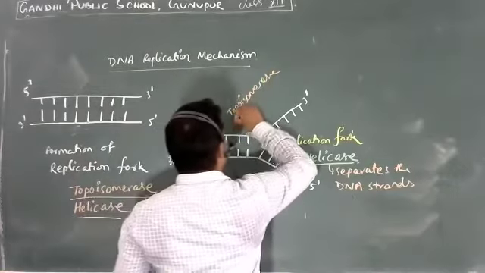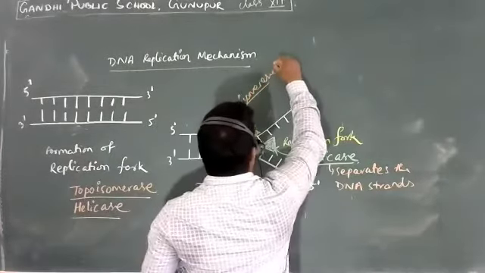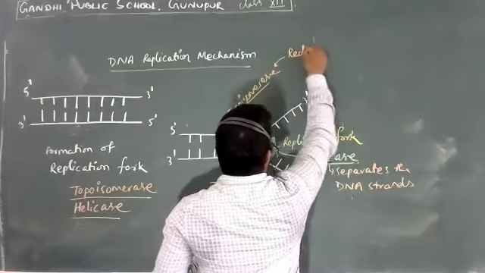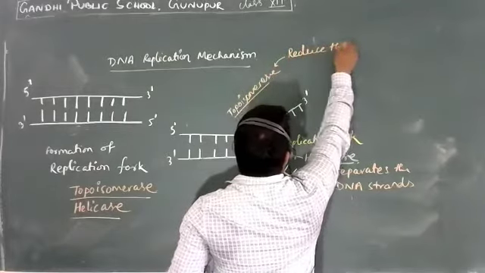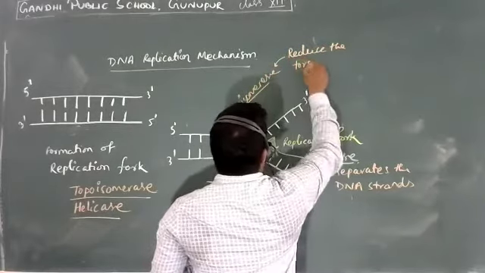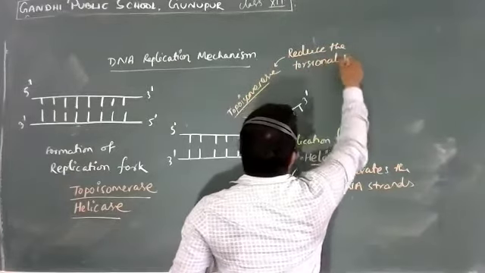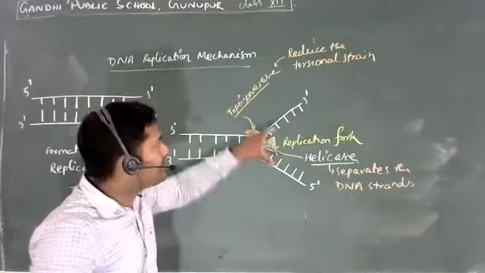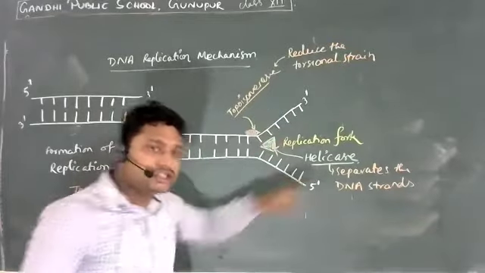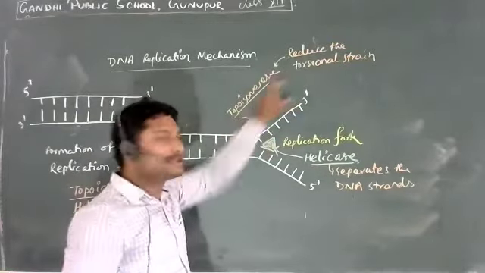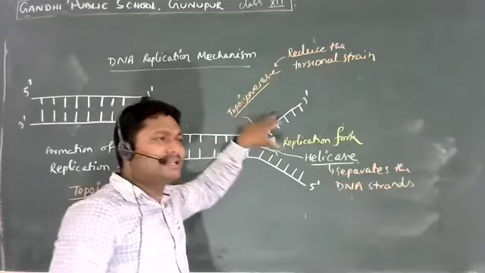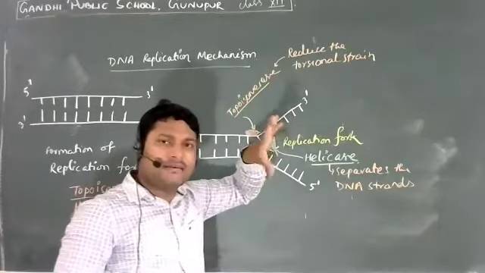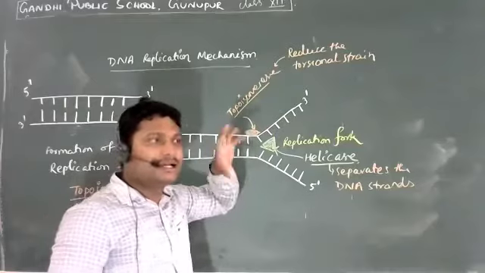And what does topoisomerase do? It reduces the torsional strain that is created because of the opening of this DNA. So when we open the DNA, there is a lot of torsional strain, and that is released by the topoisomerase. What it does is basically cut the DNA, open it up, and join the DNA again so that the strain is reduced.